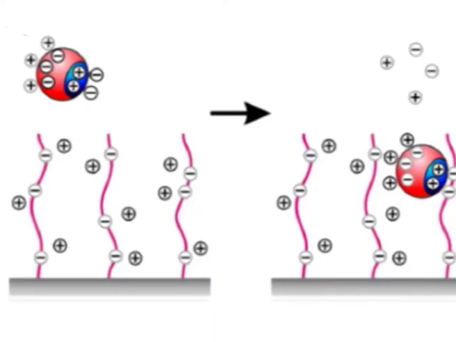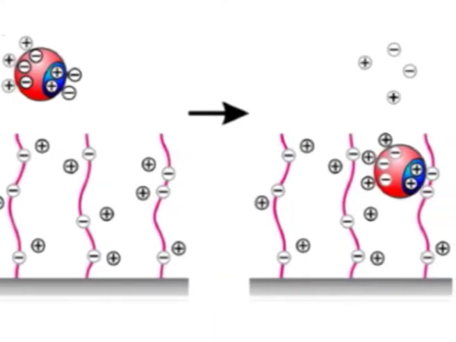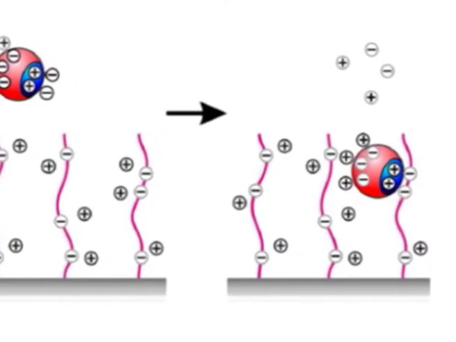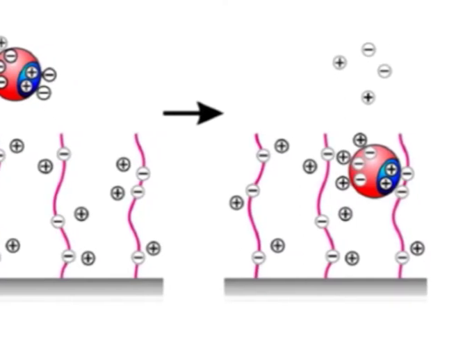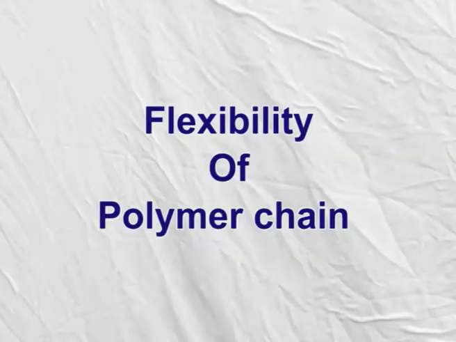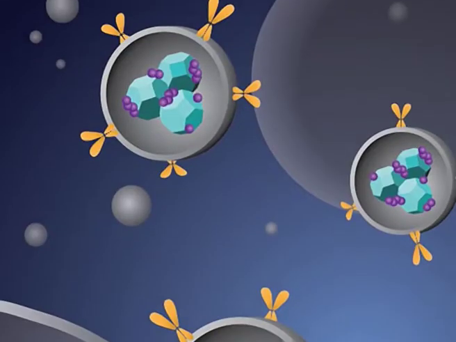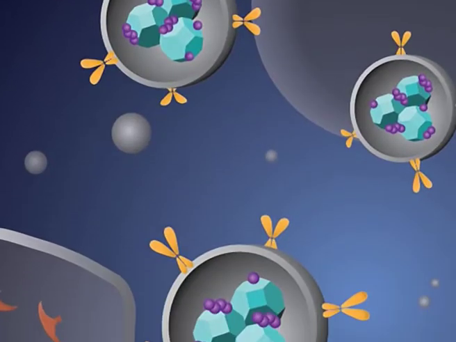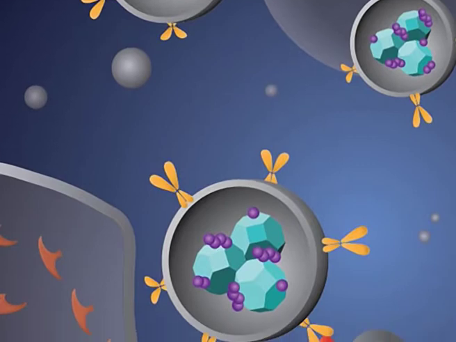The mucous surface is negatively charged, so positively charged polymers might facilitate the mucoadhesion process. Next is flexibility of the polymer chain. Higher flexibility of the polymer favors greater diffusion into the mucous network.